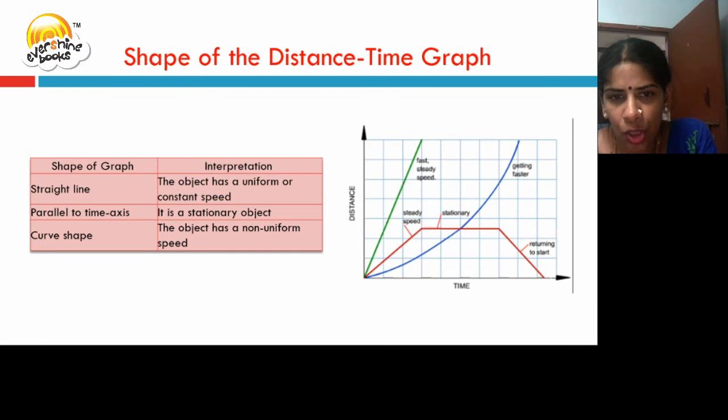The straight line shows the object has a uniform or constant speed. The line parallel to the time axis shows that the object is stationary. The curve shape shows that an object has a non-uniform speed because it is moving from slow to faster.